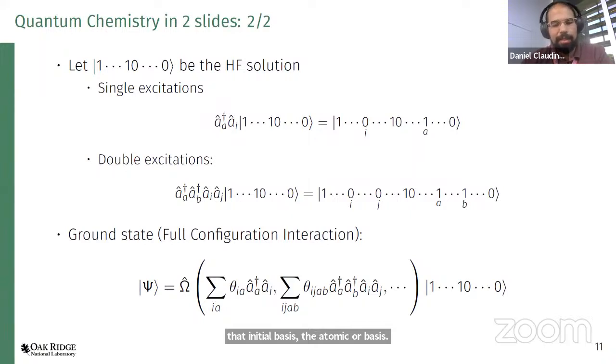So we get the ground state constrained by that basis, and considering all these excitation manifolds is what chemists refer to as full configuration interaction. We have different ways of constructing this omega operator. The important thing is that if you include all these excitations, they all converge to the same thing.